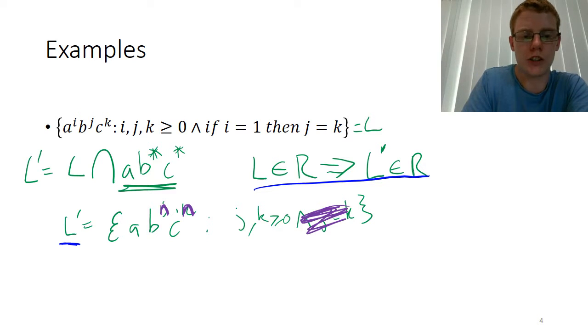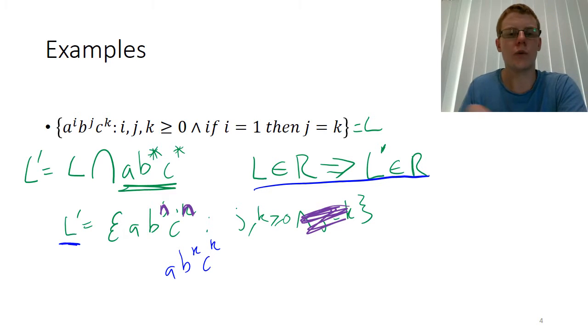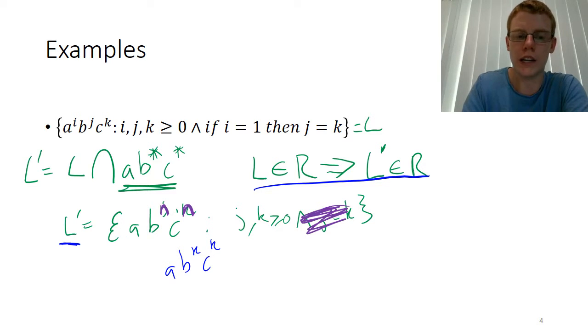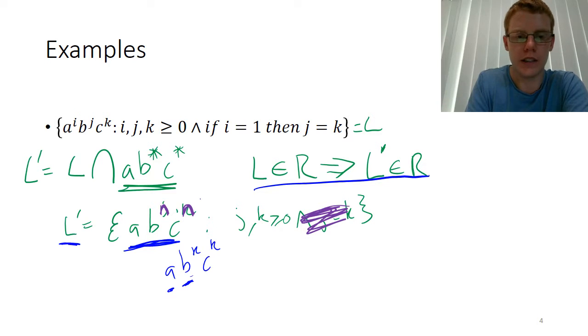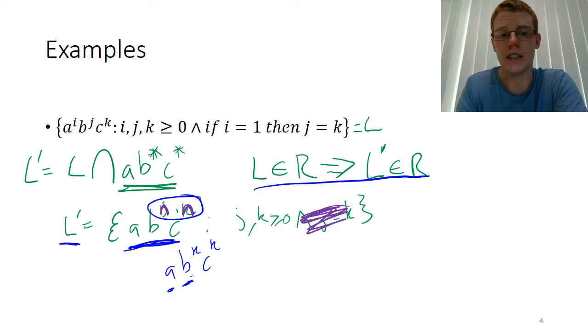So we would pick a string such as A, B^K, C^K, and we would have only two possibilities for Y. Either Y contains an A or Y only contains B's. If Y contains an A, we pump out and it no longer fits this description here. If Y contains B's, then we pump in or out, it doesn't really matter, but we will no longer satisfy this condition here that the number of B's is equal to the number of C's.